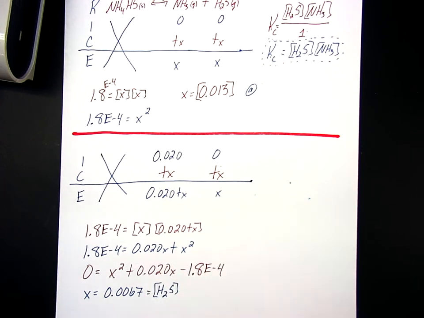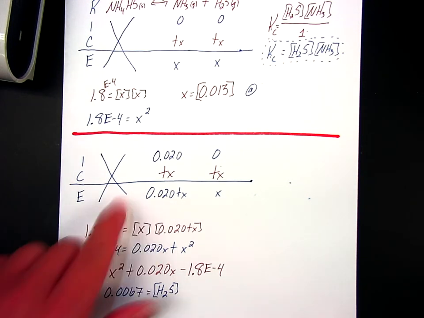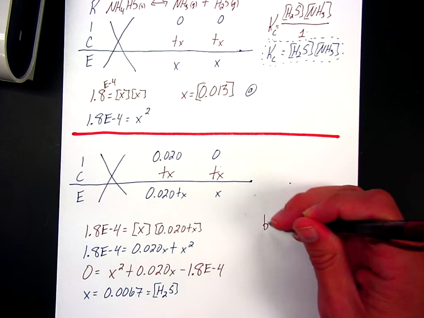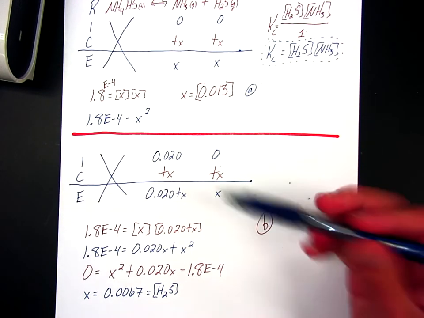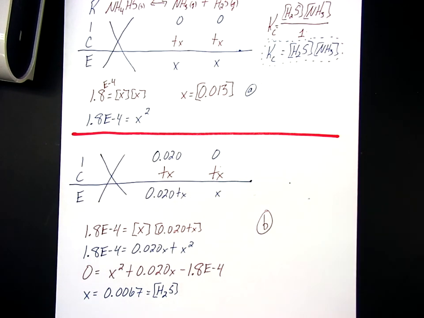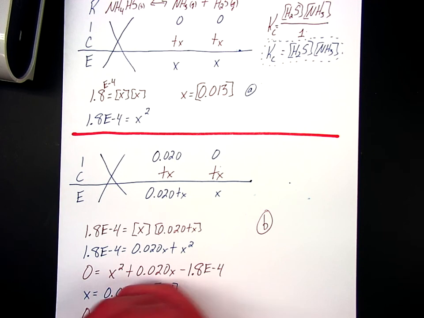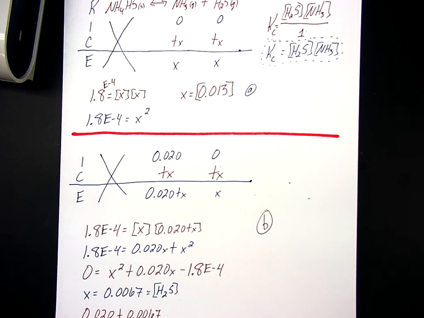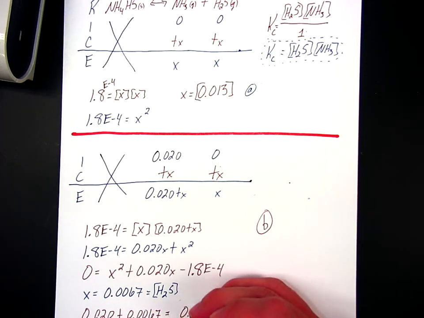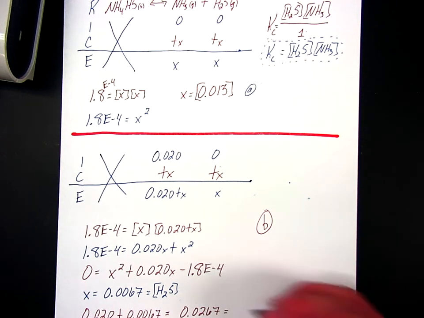Of course, because we are doing part B here, to find the concentration of the other one, we want to plug into here, which will be 0.020 plus X, 0.0067, which is ultimately going to equal 0.0267, which will be the concentration of ammonia.